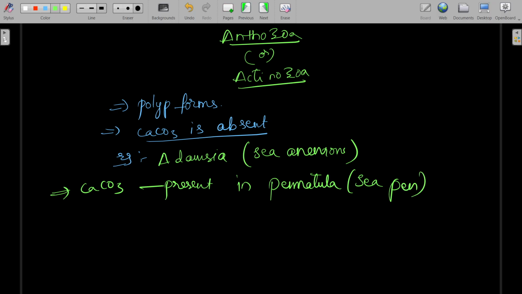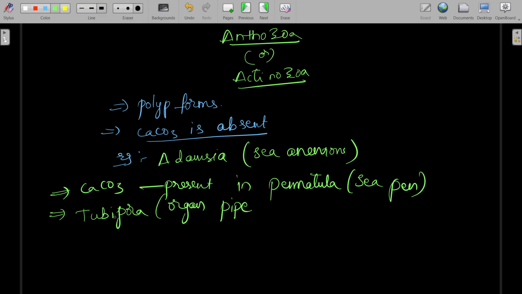It resembles the feathery pen which is dipped into ink and written on paper. Next, Tubipora, whose name indicates the tube, is also called organ pipe.